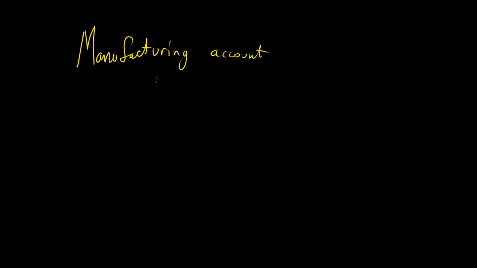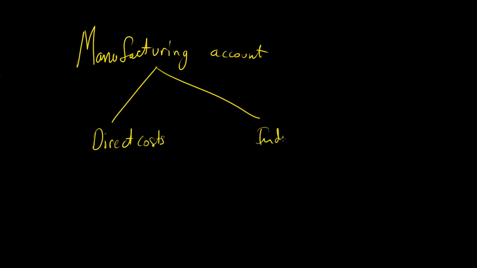In manufacturing account, you have two types of costs: direct costs and indirect costs. So we have direct costs and indirect costs.